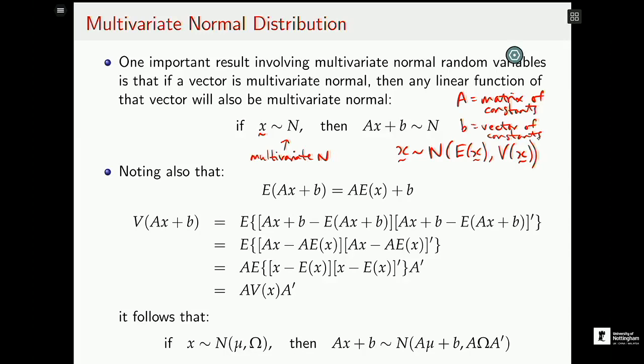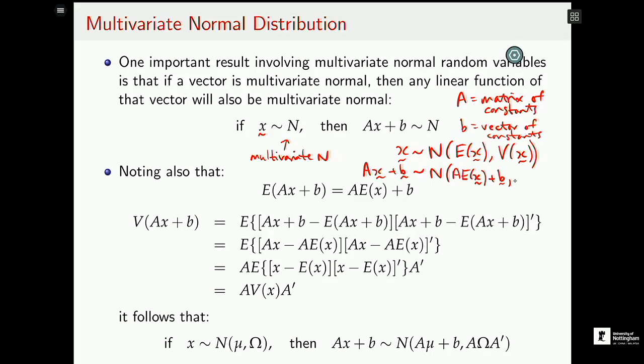So our linear combination, Ax plus b, we've said it must be multivariate normal, and now we know what the mean must look like. It must be A times the expected value of x, the original expectation, plus the b vector. And next, have a think about the variance.